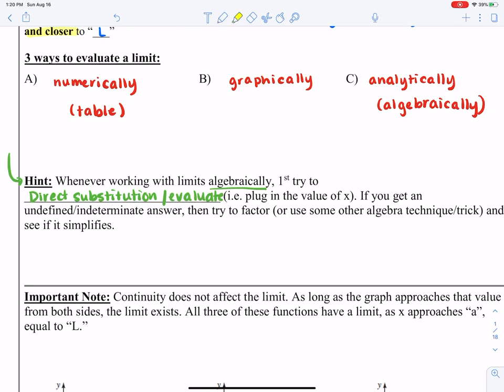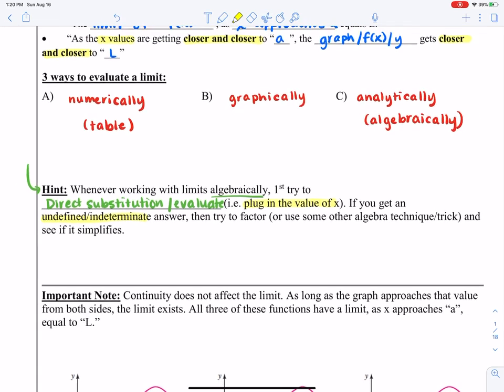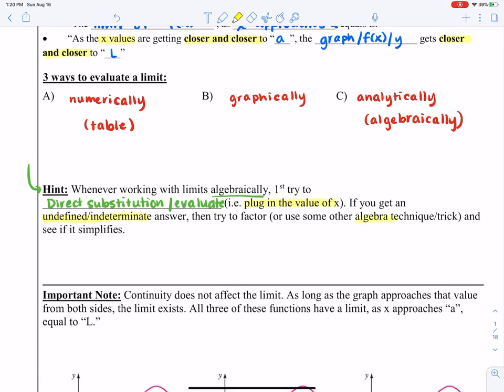And what that means is you should just plug in the value of x. Now, if you get an undefined or indeterminate answer, that tells me we need some sort of algebraic technique. And the last thing that I really want you to know before we dive in deeper is that you need to remember that a limit is a y value.